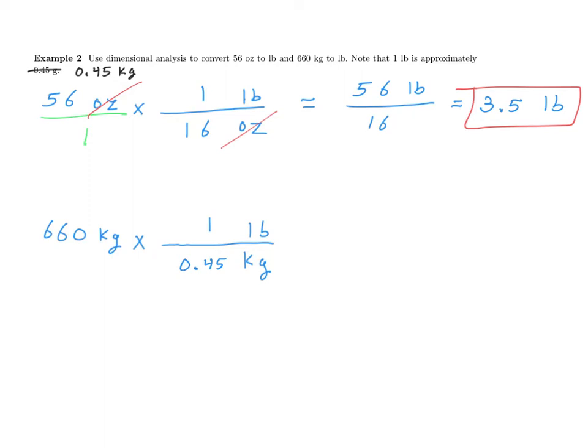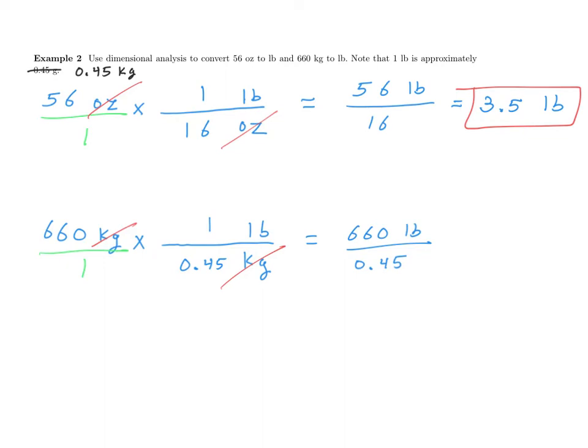Now we're good to go. We can set up the first one as a fraction, and we can cancel the kilograms. In the denominator, we're doing 1 times 0.45, and there are no units, so we get just 0.45. In the numerator, we have 660 times 1 times pounds. We get 660 pounds divided by 0.45. In a calculator, I'll divide this into this, and I'll have pounds left over.